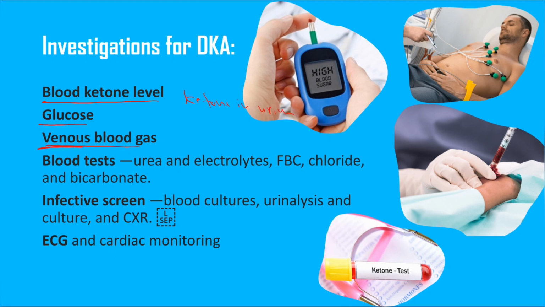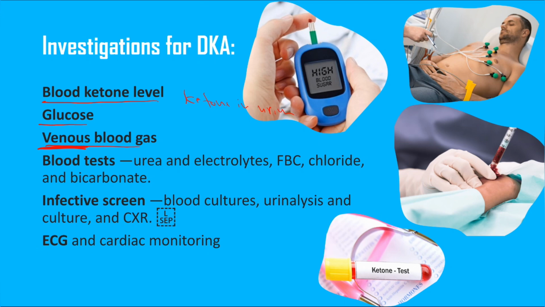Why do we send for venous blood gas, not arterial blood gas? Because there is not much difference between the pH of the artery and vein. So it will not lead to any differences in the management.